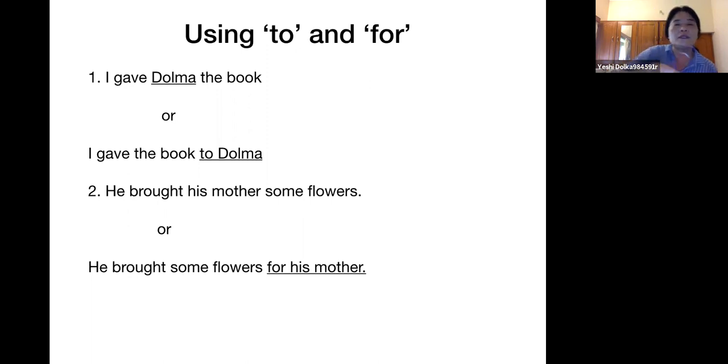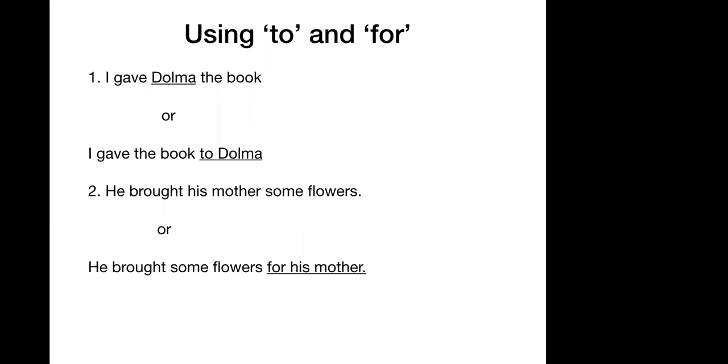I gave the book to Dolma. He brought his mother some flowers, or he brought some flowers for his mother. Okay, this is writing that same pattern using to and for. Understood? Yes, ma'am. All right.